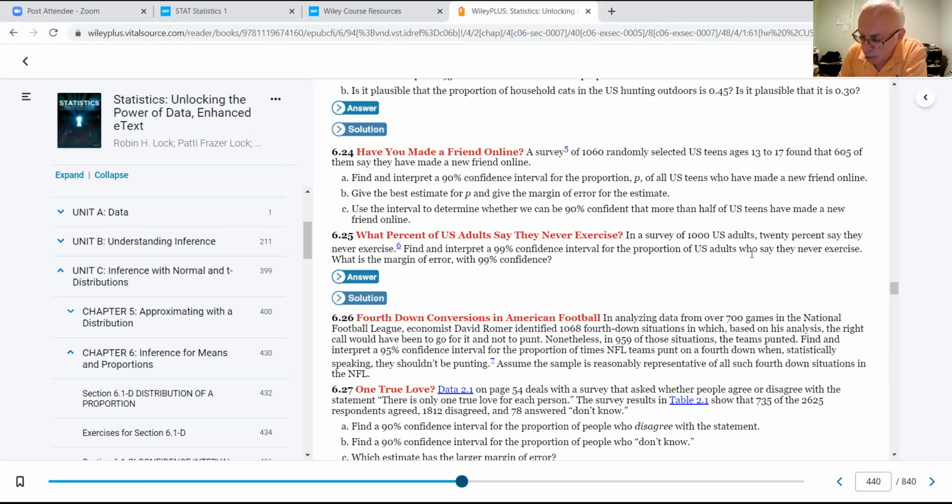And we have n equal to 1,000 as our sample size, and 0.20, or 20%, is our sample proportion. So we want to estimate the population proportion with this confidence interval, and they want us to determine the margin of error along the way, which is, of course, what we do anyway. All right, so let's go ahead and do that with our calculator.